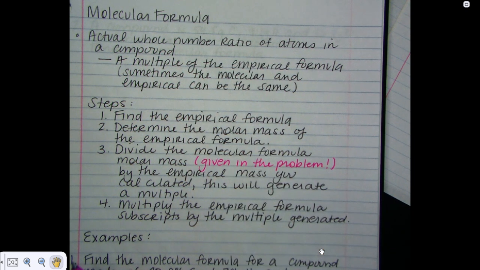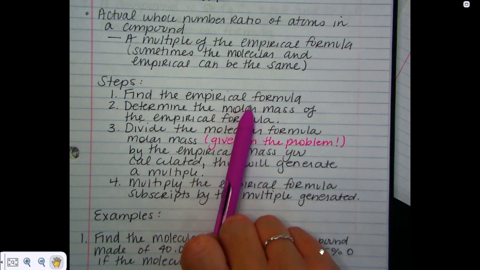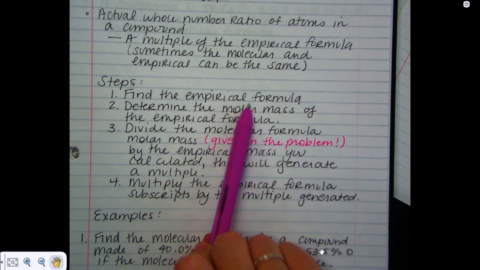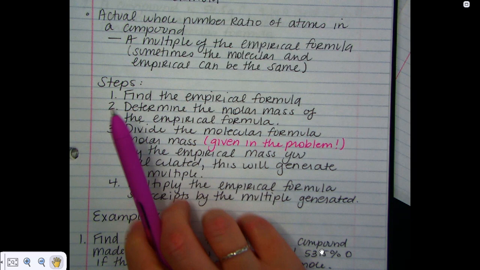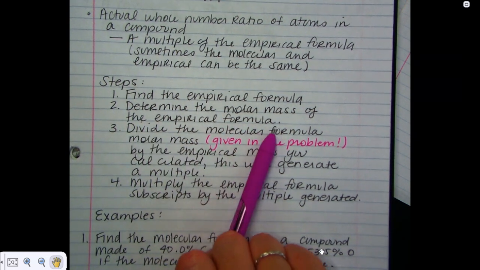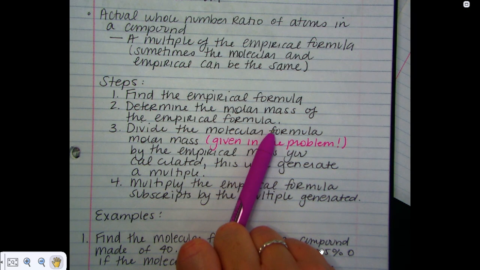So let's look at our steps. First, find the empirical formula. Everything we just did in our little Jingle Bell song, that's your empirical formula. Second, determine the molar mass of the empirical formula. Once I get the empirical formula, add up the atoms of each element, get a total mass.